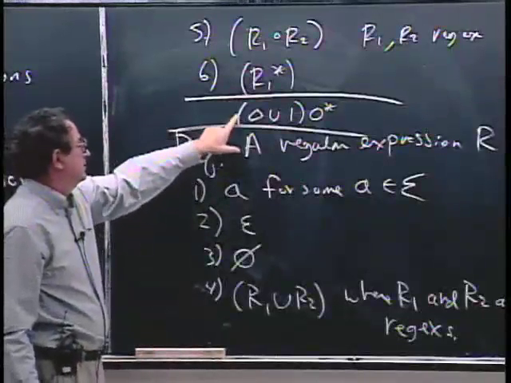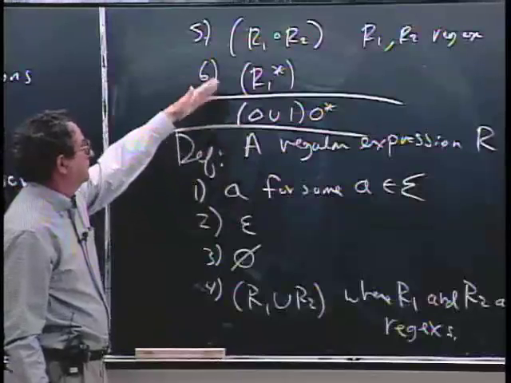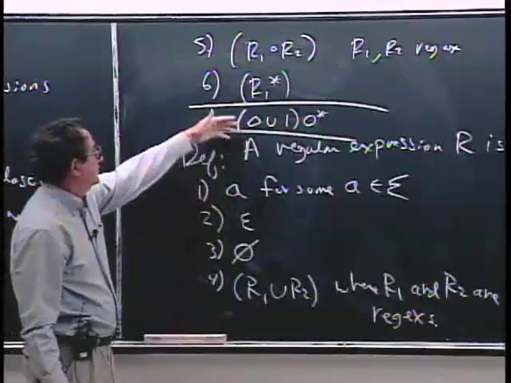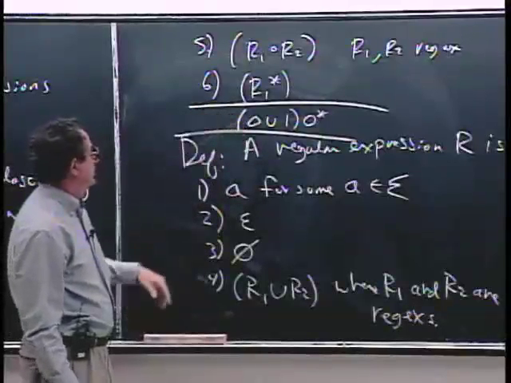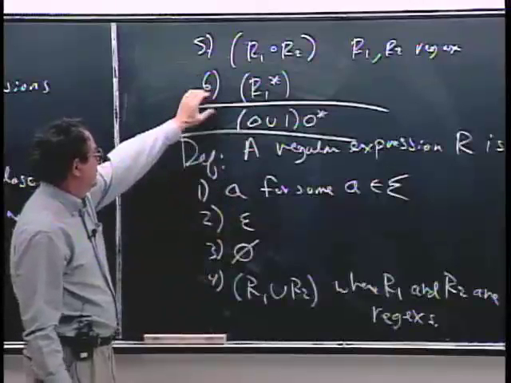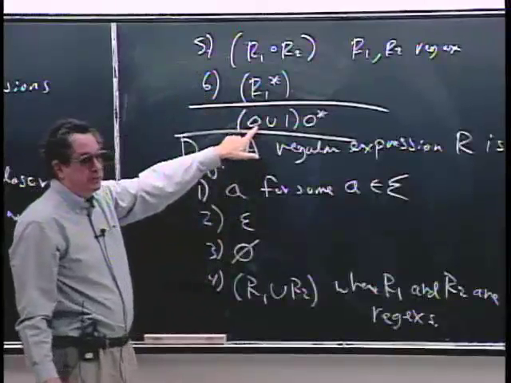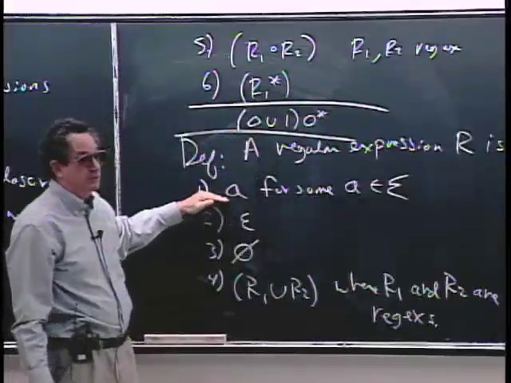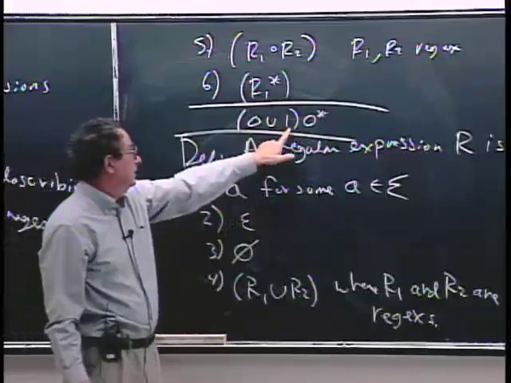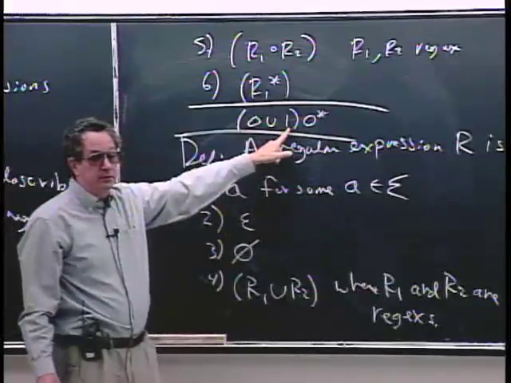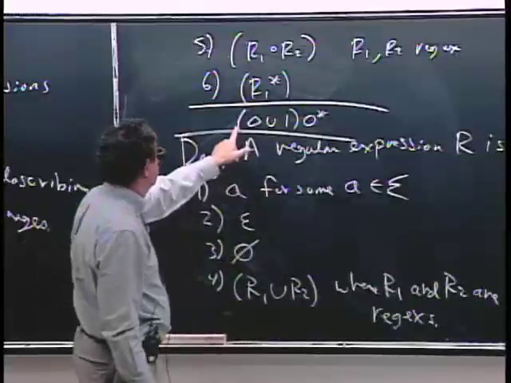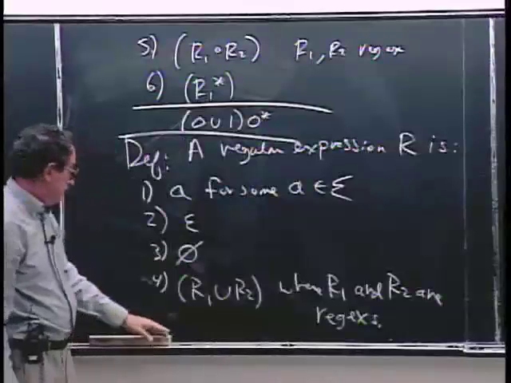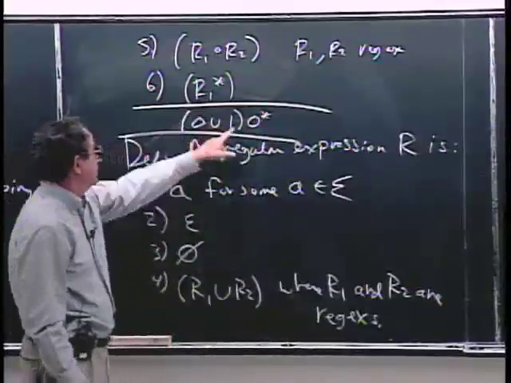This is colloquial, but it isn't following completely the definition. Let's try to parse this with this definition. Is the 0 by itself a regular expression? Yes, by this rule. Is 1 a regular expression? Yes. Is 0 union 1 with parentheses around it a regular expression? Yes, that comes from here.